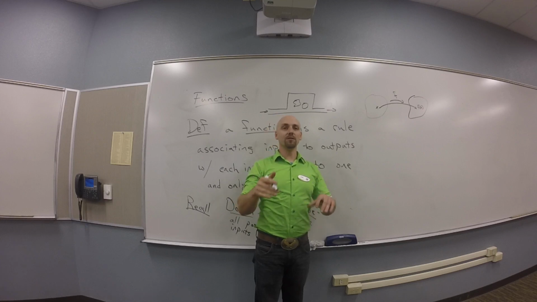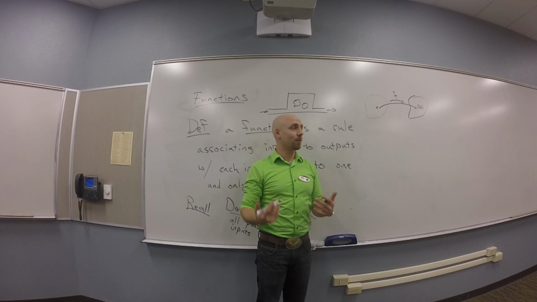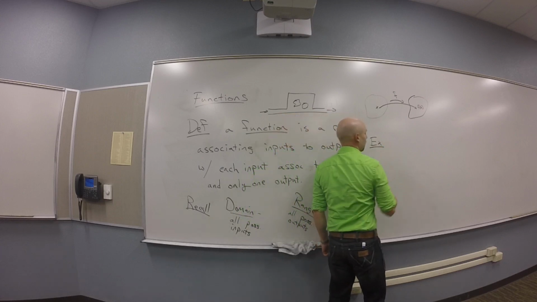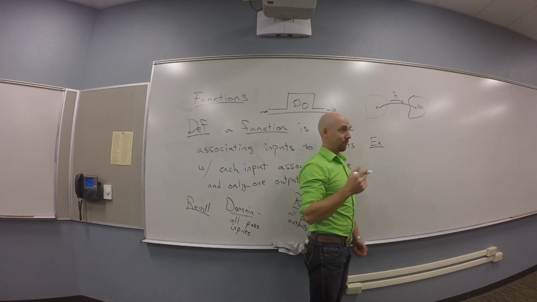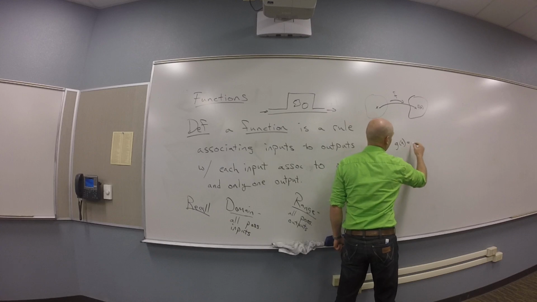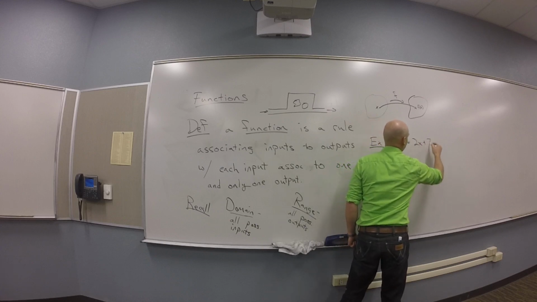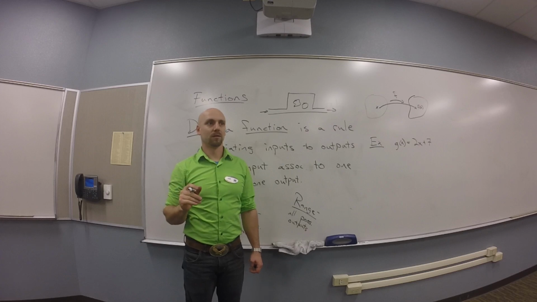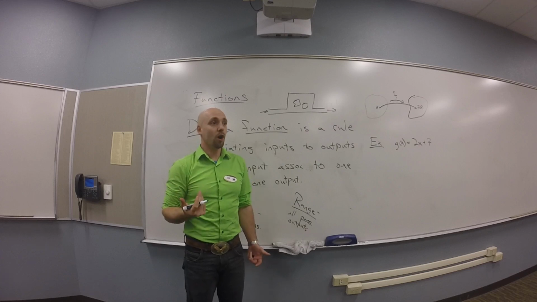The reason I use the bubbles is if I want to think about functions in steps. Let me think about a function g of x that's 2x plus 7. This is a function you know about, right?